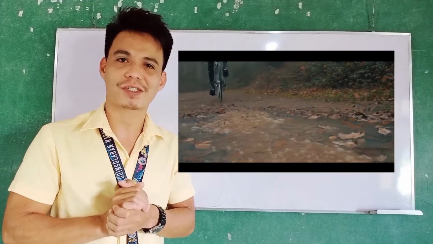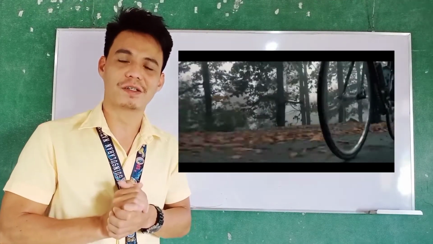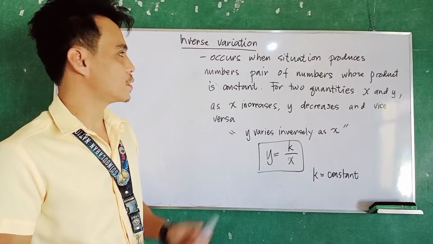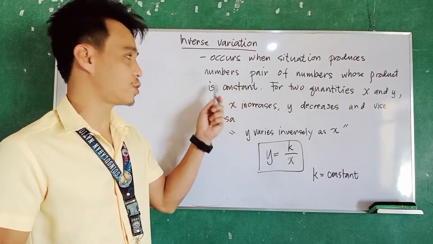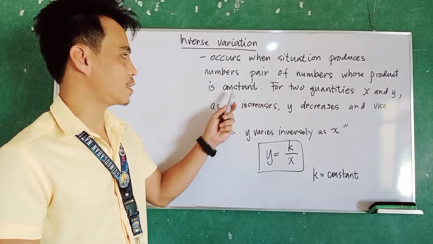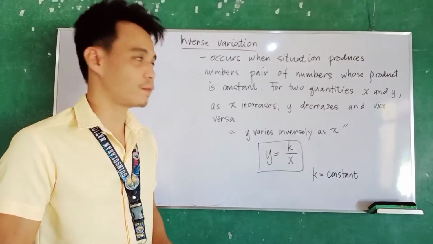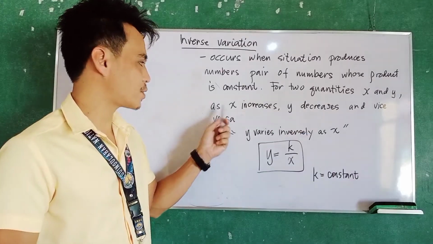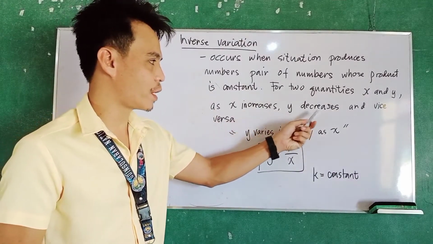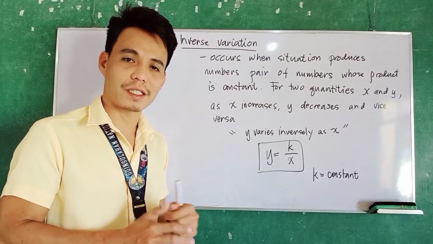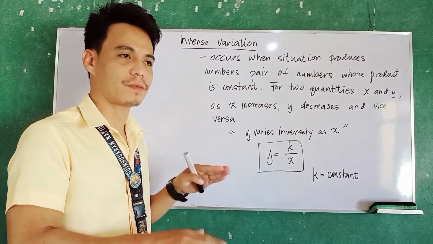It represents an inverse variation, because inverse variation occurs when situations produce pairs of numbers whose product is constant. For two quantities like x and y, as x increases, y decreases and vice versa, like what a biker did with the pedaling of the bike.